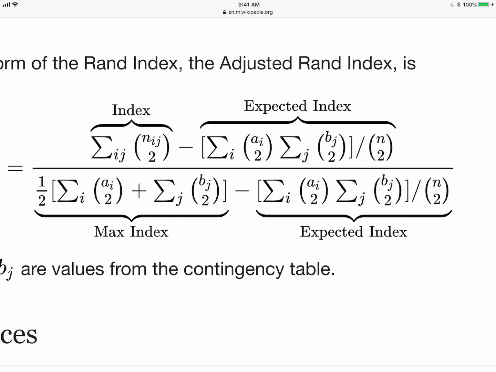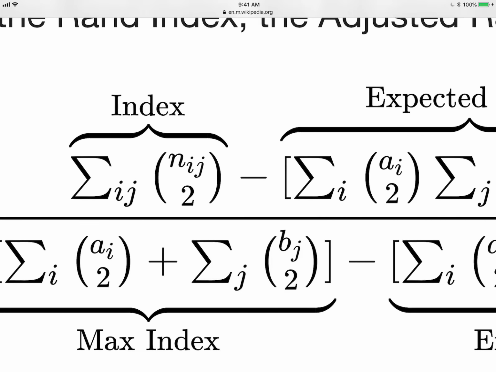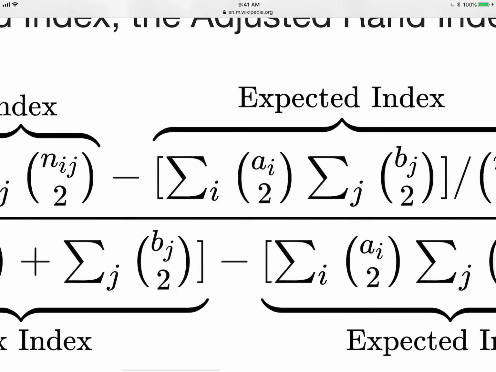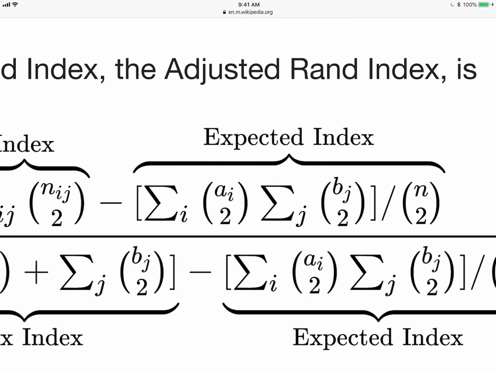But anyway, the main high level idea is that the actual index value is placed on the top left, and then we just subtract the expected count that will put the correct ground truth label pairs into the same group.